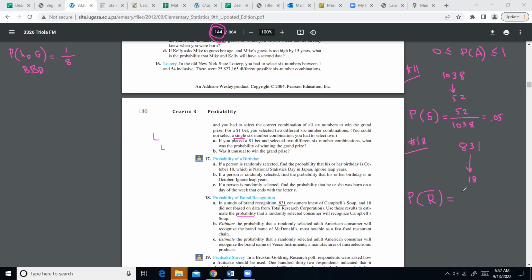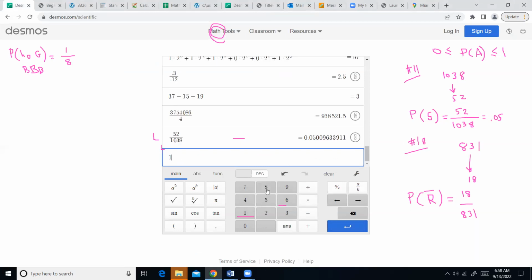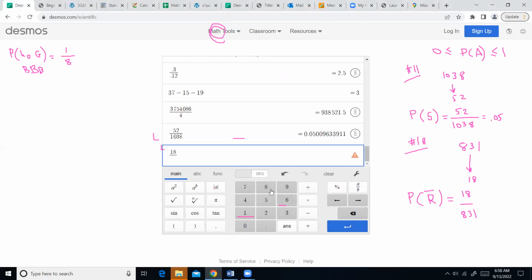If you take 18 out of this total 831, and use a calculator to divide this, you will get some decimal. Let me double check. 18 divided by 831, and that looks like about 2%, a chance that someone is not recognizing this brand.